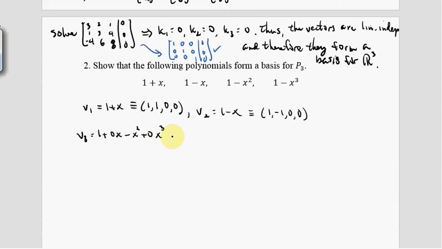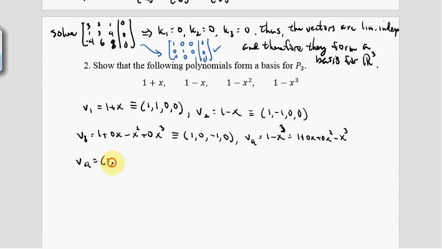So this is 1, 0, negative 1, 0. Then V sub 4 is 1 plus 0x plus 0x squared minus x to the third.